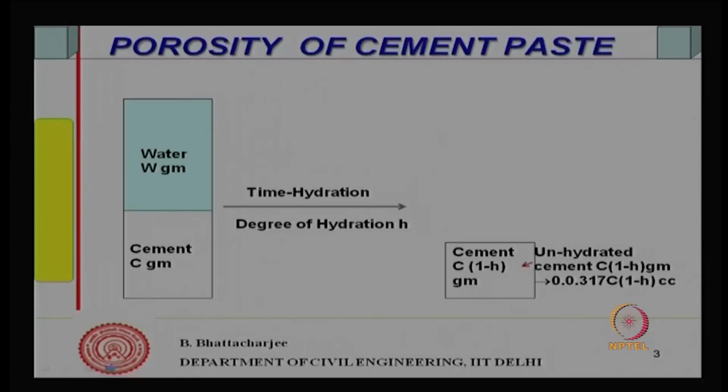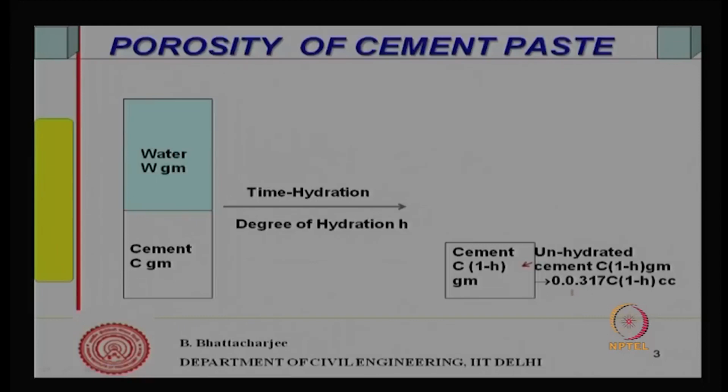The fraction remaining unhydrated is C into 1 minus H by mass, and the corresponding volume, specific gravity of cement being known, is 0.32 C into 1 minus H. This is the unhydrated cement.